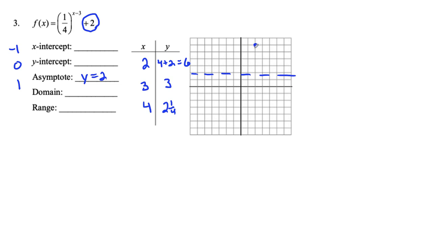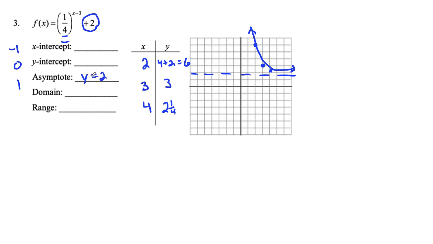All right, and then at 3, we're at 3. And then at 4, we're at 2 1/4, so just barely over it. I'm going to sketch in my logarithmic, or excuse me, my exponential function. Notice that this is representing an exponential decay because the value of our base is less than 1, and so it is decreasing over time.